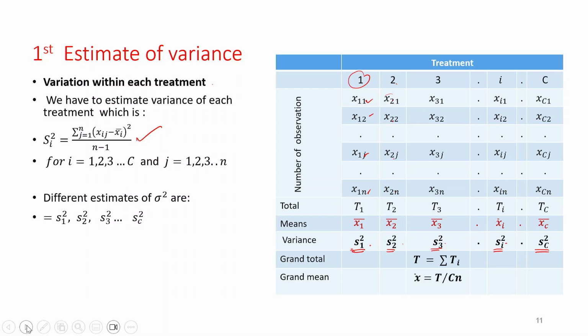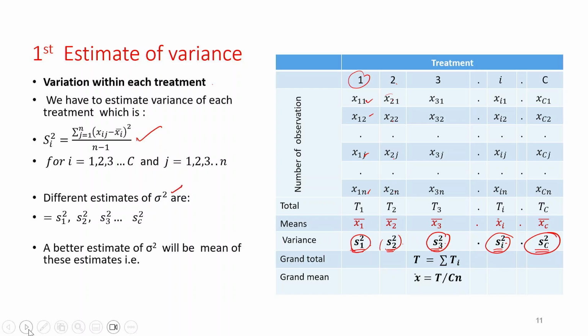So the different estimates are all basically estimates of sigma square. This is one estimate, this is another estimate, this is another estimate. All of them are basically estimates of what? Sigma square.